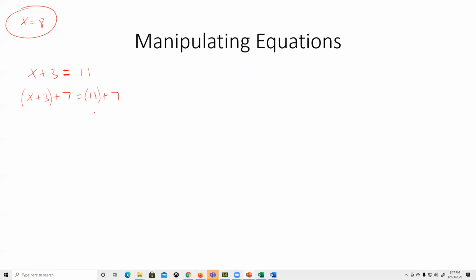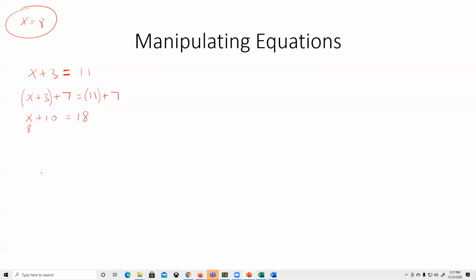By the way, I can simplify this, because 3 plus 7 is 10, so that's x plus 10. And 11 plus 7 is 18. I can rewrite this in a simpler way. My solution, x equals 8, is still true. If I let x equal 8, 8 plus 10 is 18.